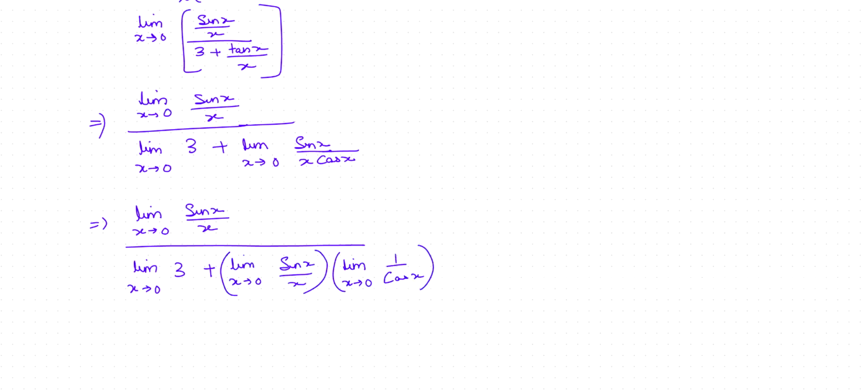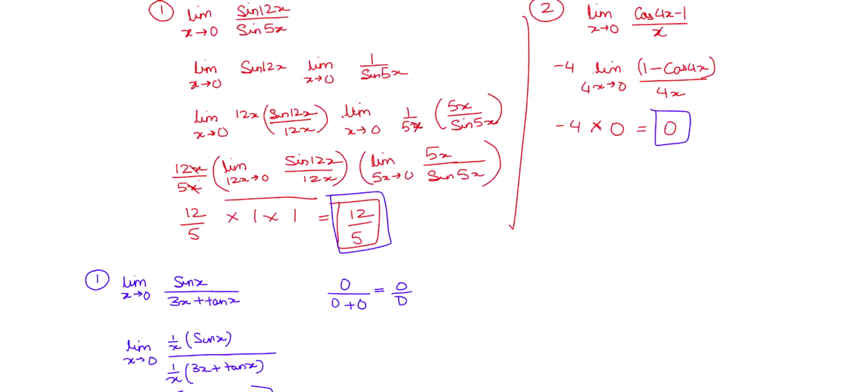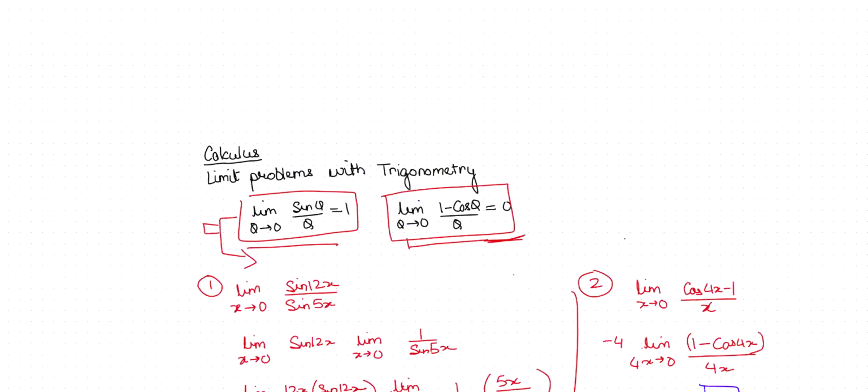Okay, so now we can use this fact, limit theta tends to 0, sine x over x is 1.